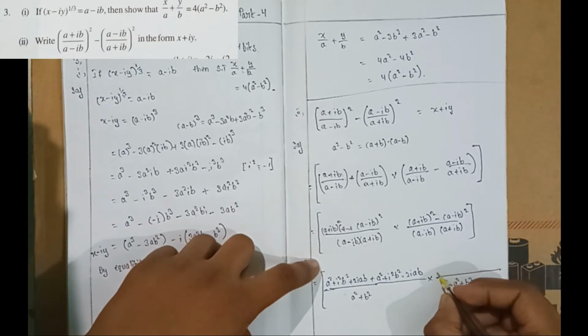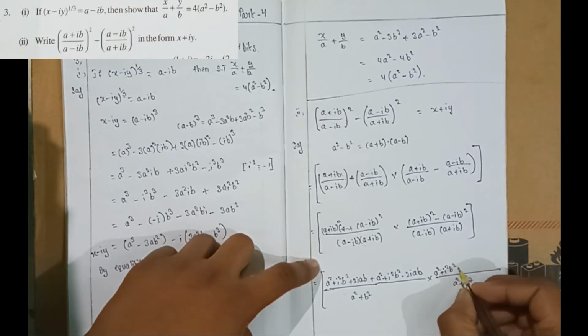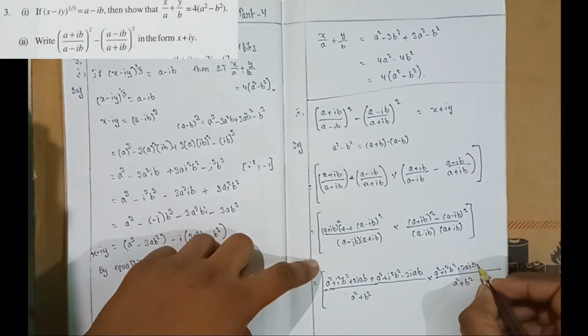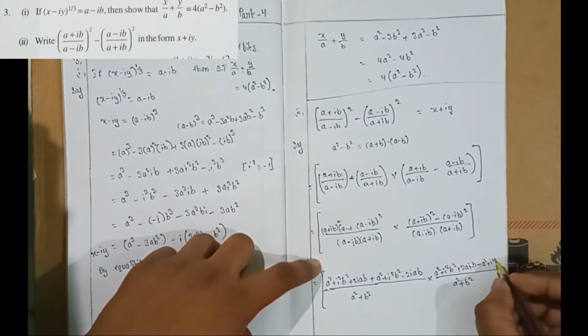Now here also same, a square plus i square b square plus 2aib, minus a square plus i square b square minus 2aib.